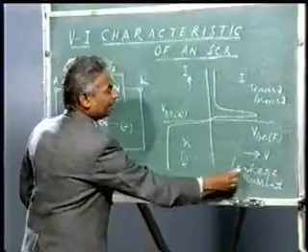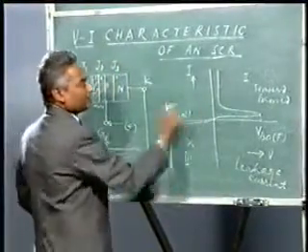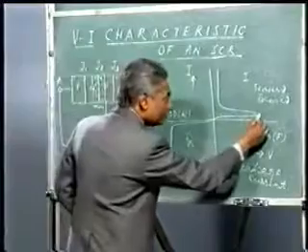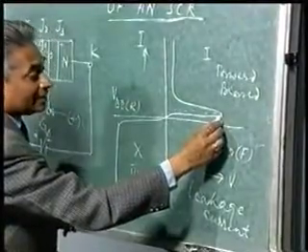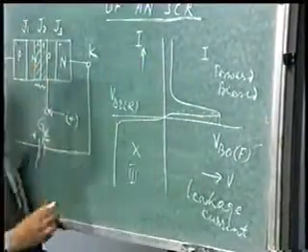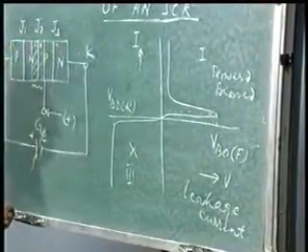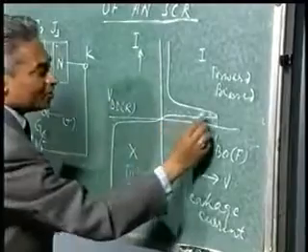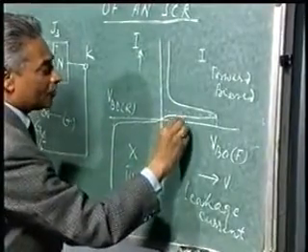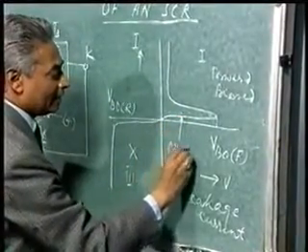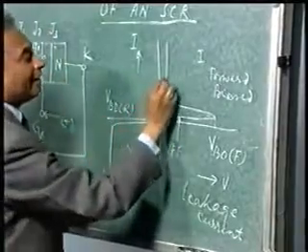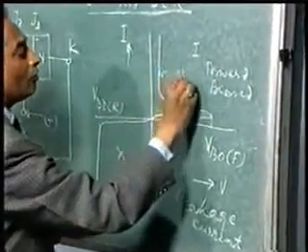At this point, which is VBOF, there is a certain inrush of current and the device starts conducting. That means you can conclude that up to this point it is off state, and here it is on state.